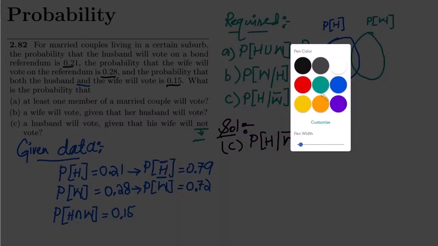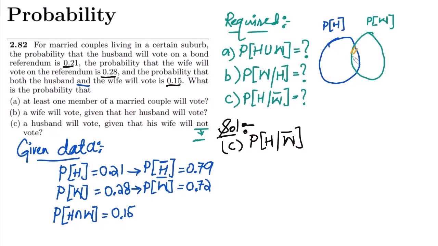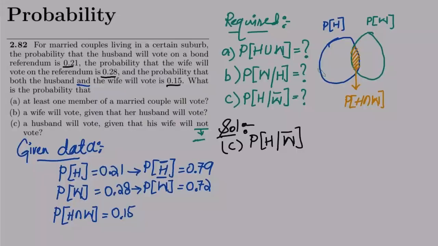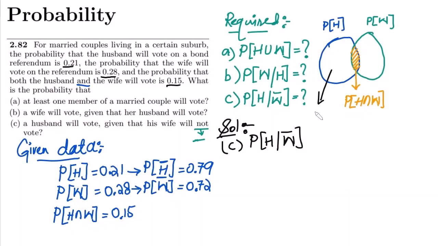Both of them have an intersection here, and this intersection is the probability that husband and wife both will vote. This is the probability that the husband will vote while the wife will not vote.